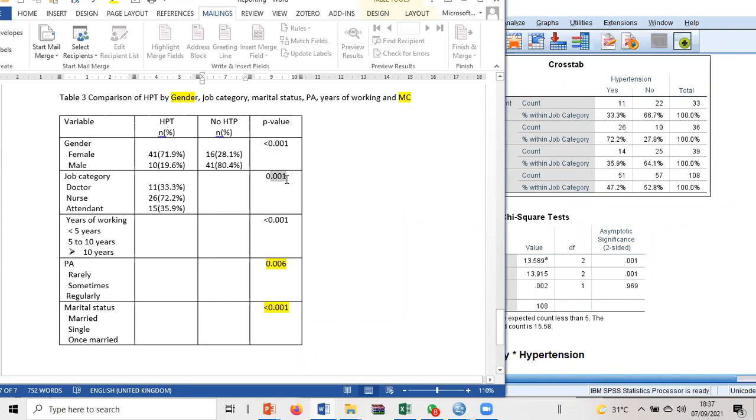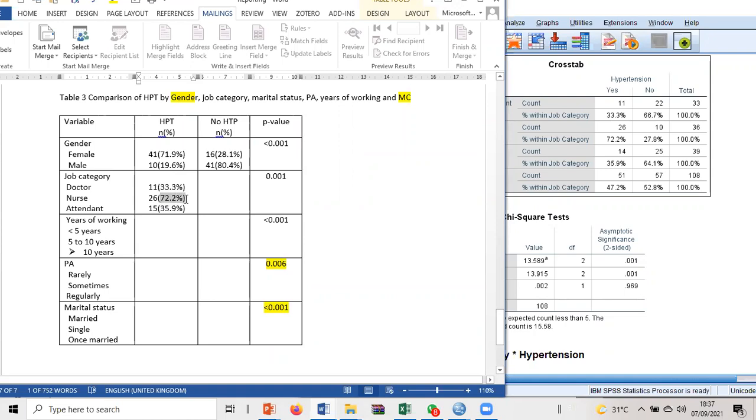So it is significant. Among nurses, 72% are hypertensive compared to only 33% among the doctors and 35% among the attendants, right? So more nurses are hypertensive.